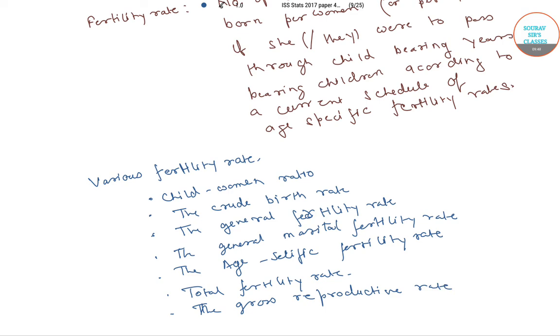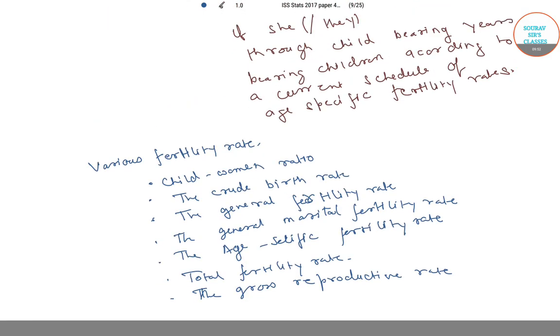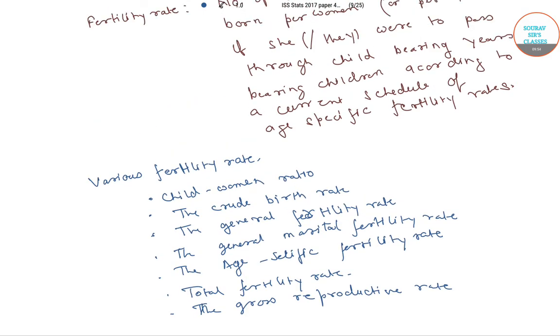Next one is the net reproduction rate, and finally the last one is the cohort fertility rate.